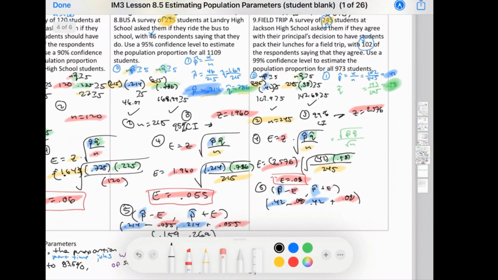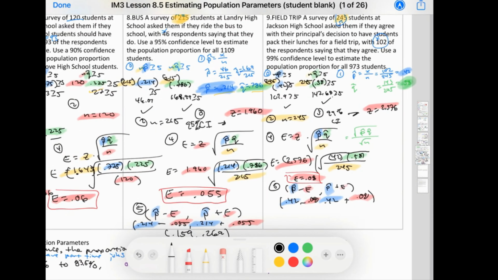And this question, number 9, would then give us 0.33.